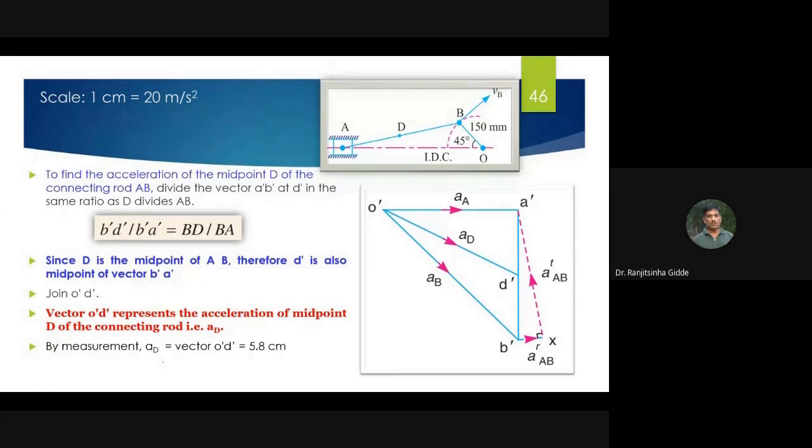AD is equal to vector O dash D dash and is equal to 5.8 centimeter. As per the answer given in the book, I have just written those values. So 6.1 is also correct. So what is 5.9? Okay? Correct. 5.9. Good. Correct.